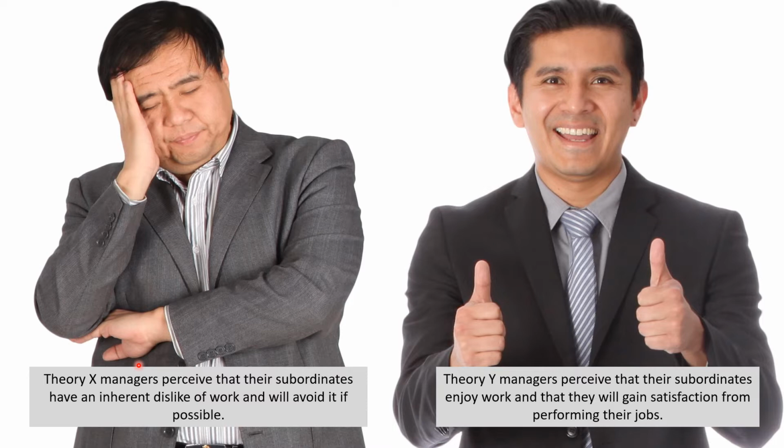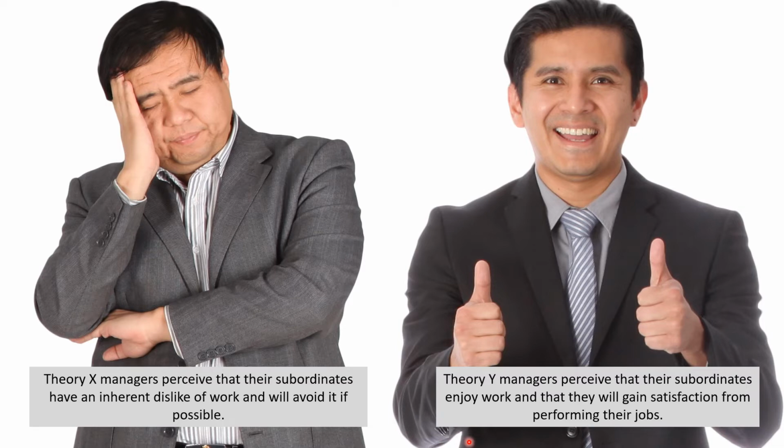So in this theory, the managers perceive that all the subordinates don't like to do work. However, contrary to theory X, theory Y managers perceive that their subordinates enjoy work and will gain satisfaction from performing their job.